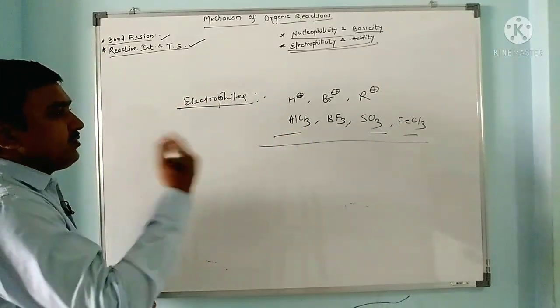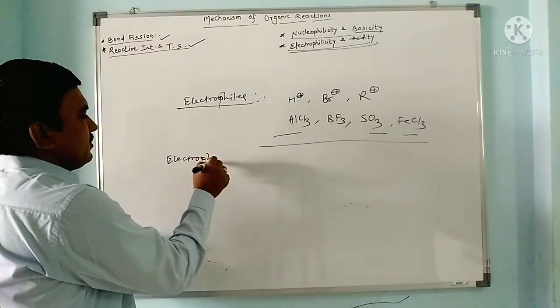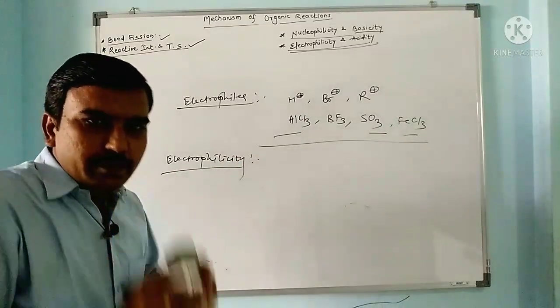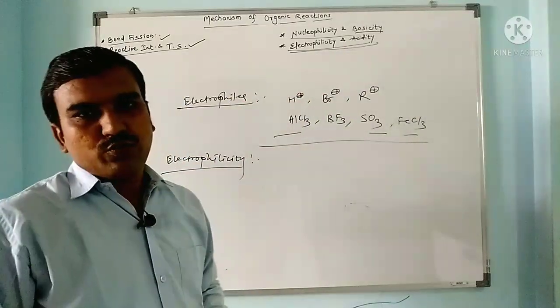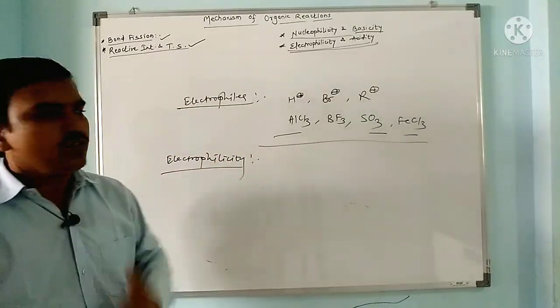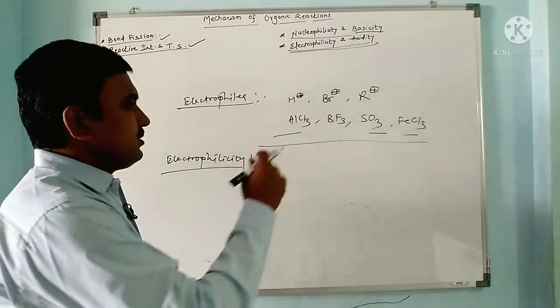So electrophiles. Now what is electrophilicity? Electrophilicity is the ability, how fast it accepts an electron pair from nucleophiles. So it is the ability to accept an electron pair. This is called electrophilicity.